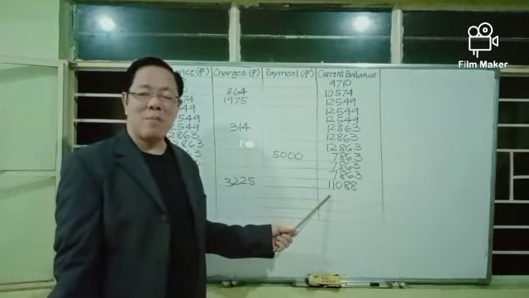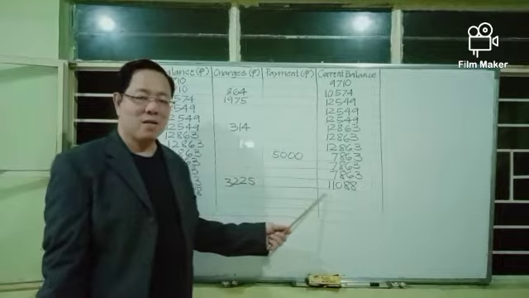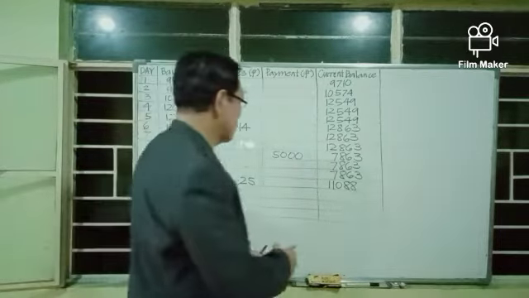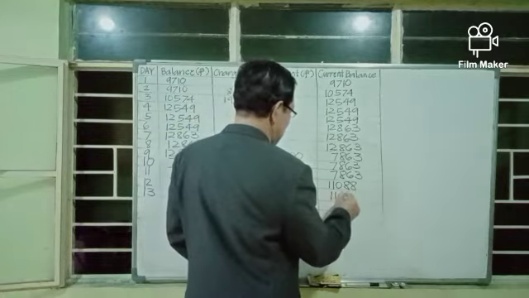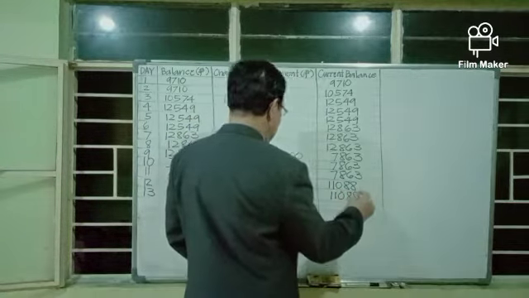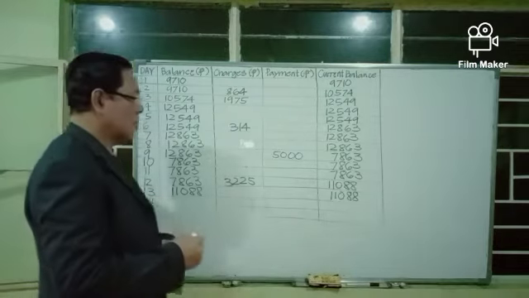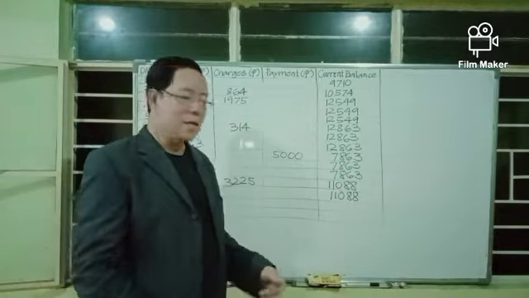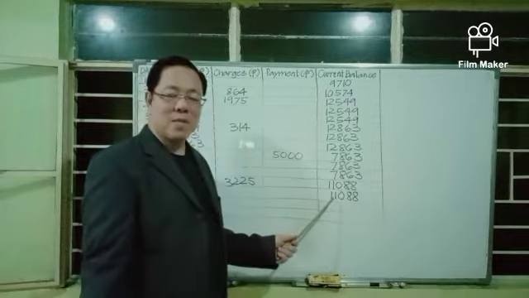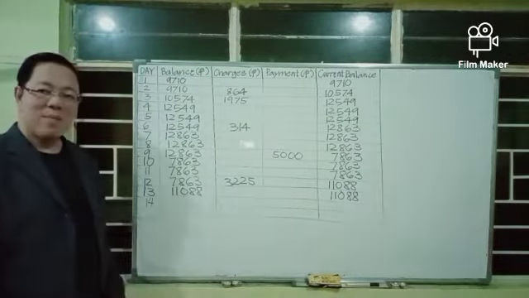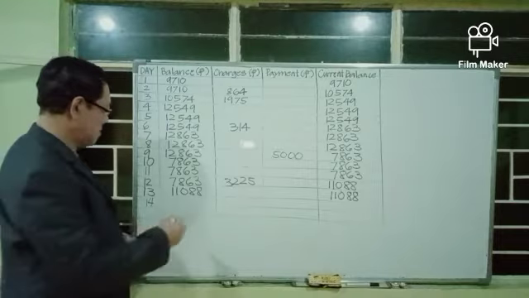Hence, at the end of November 13, the balance on her credit card would be 11,088 pesos. And this amount at the end of November 13 would be her balance at the beginning of November 14, 11,088 pesos.